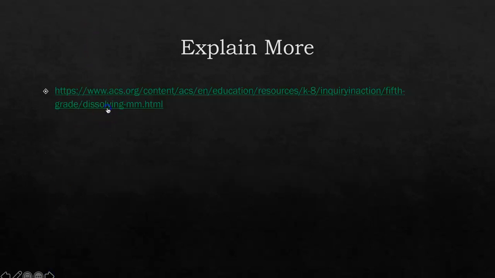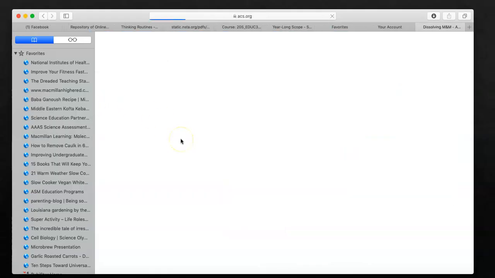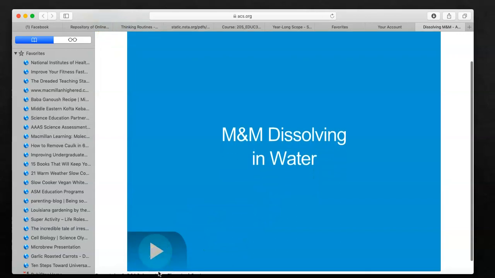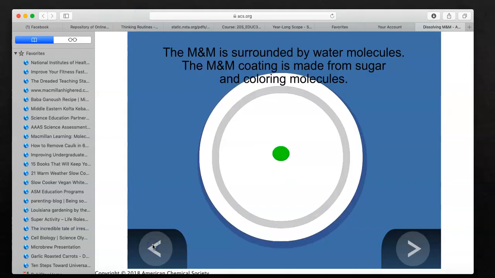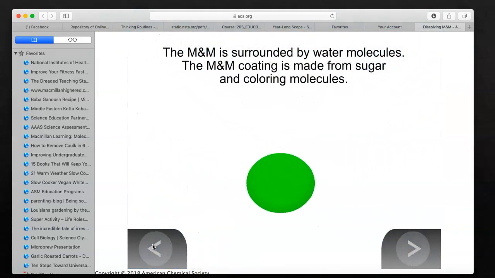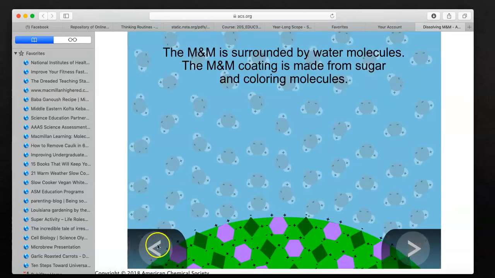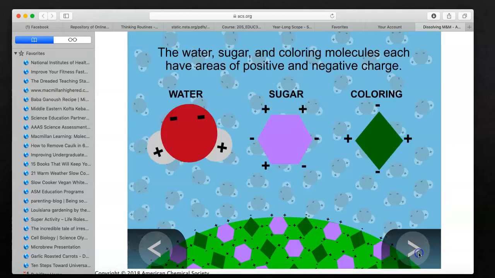So here is that model. And so what we see here is you put your M&M in the water, but when we look at it real closely, you can see here are the color and the sugar molecules. So the color is green and the sugar is purple.